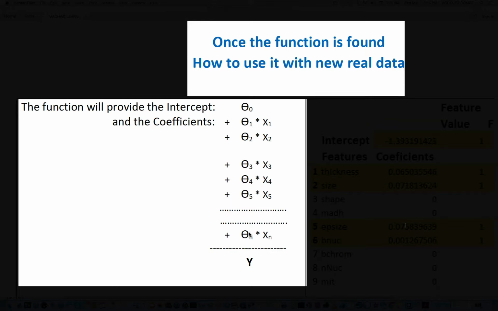These are the coefficients, and the first, theta 0, is the intercept. And we just need to multiply each coefficient by the corresponding value of each feature. Feature number 1, feature number 2, until feature n. This will give us the value of y. We multiply all those values and sum up all of them. This y is called the raw probability.